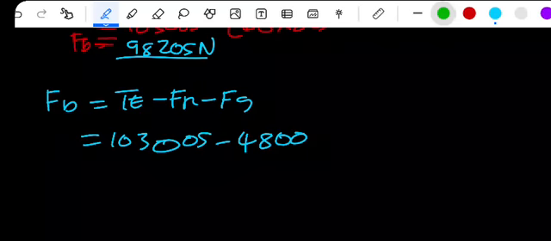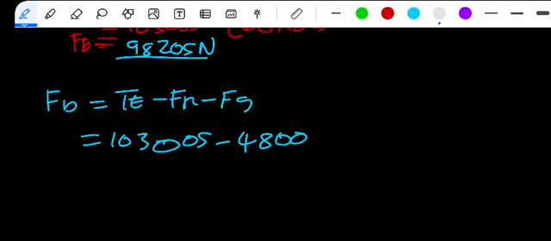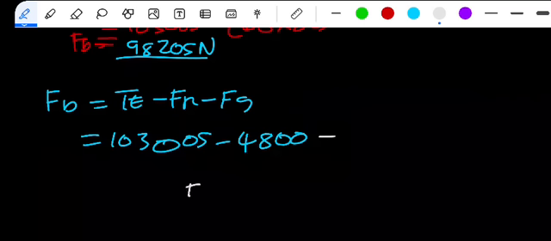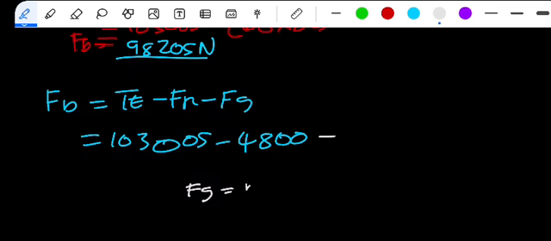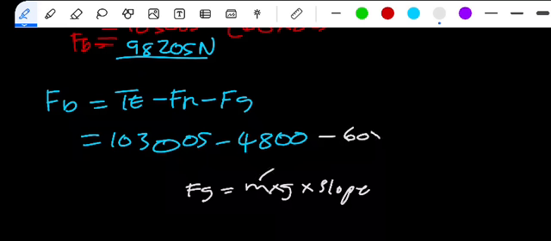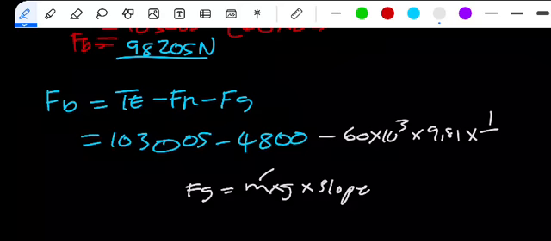Then minus FG, take note, I said FG is mass multiplied by gravity multiplied by the slope. The mass of the locomotive, remember it's in tons but now it must be in kg, times 10 to the power of 3, gravity 9.8, slope is 1 in 75.